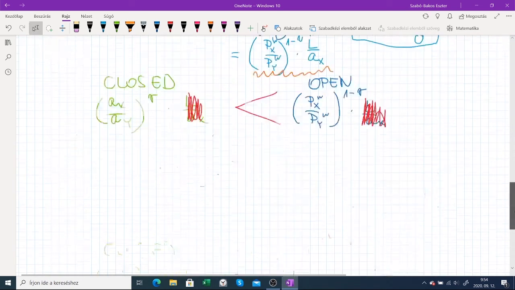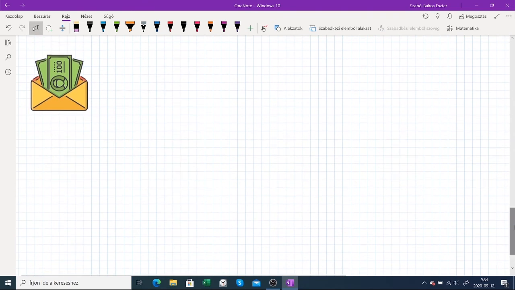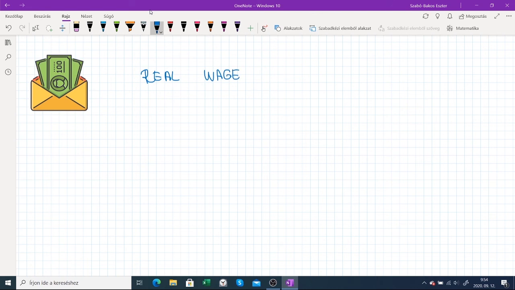And let's focus on the real wage. The general formula for the real wage was the following: Px over Py raised to the power of 1 minus gamma times 1 over Ax.